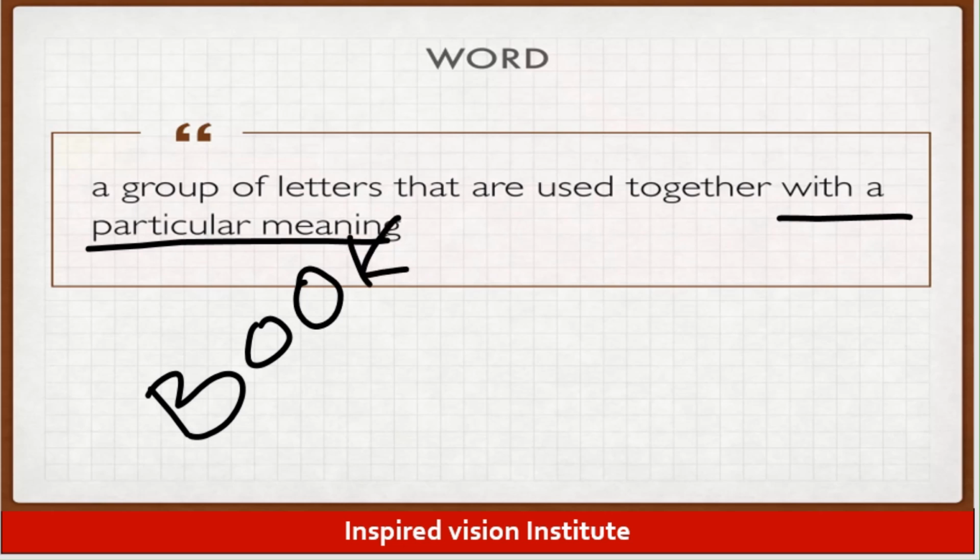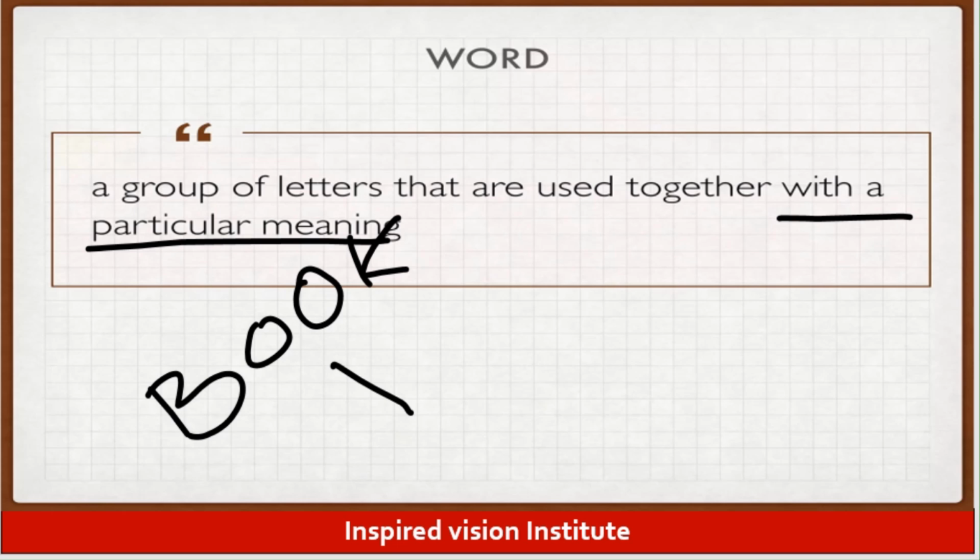So we combine the group of letters, B-O-O-K, and it becomes book. Book has a particular meaning: it has some pages from which we can read information. The shape of that particular object is called book. So a group of letters used together with a particular meaning is called a word.